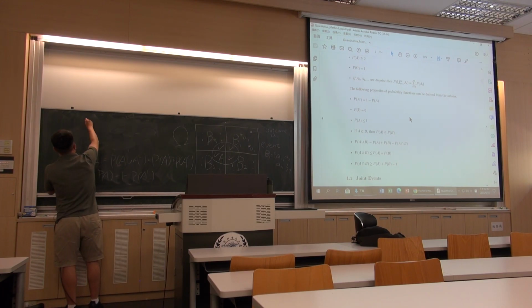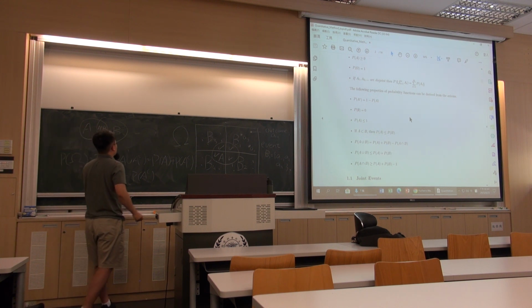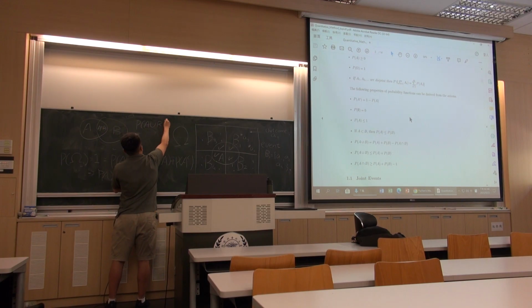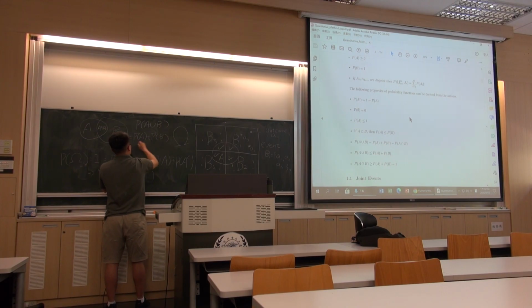So it says that you have intersections, and this is A intersect B. So the way is you just add up the probability of A and the probability of B, and minus the overlap part.